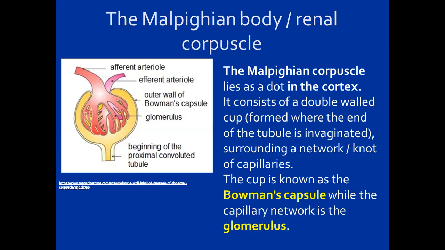Does this make any sense? Into the top of a closed finger of the glove. Then it would form a little Bowman's capsule. I hope that made sense. It made sense to me, but I could picture it as I was saying it. So the double-walled cup is Bowman's capsule, and the capillary network in Bowman's capsule is the glomerulus.